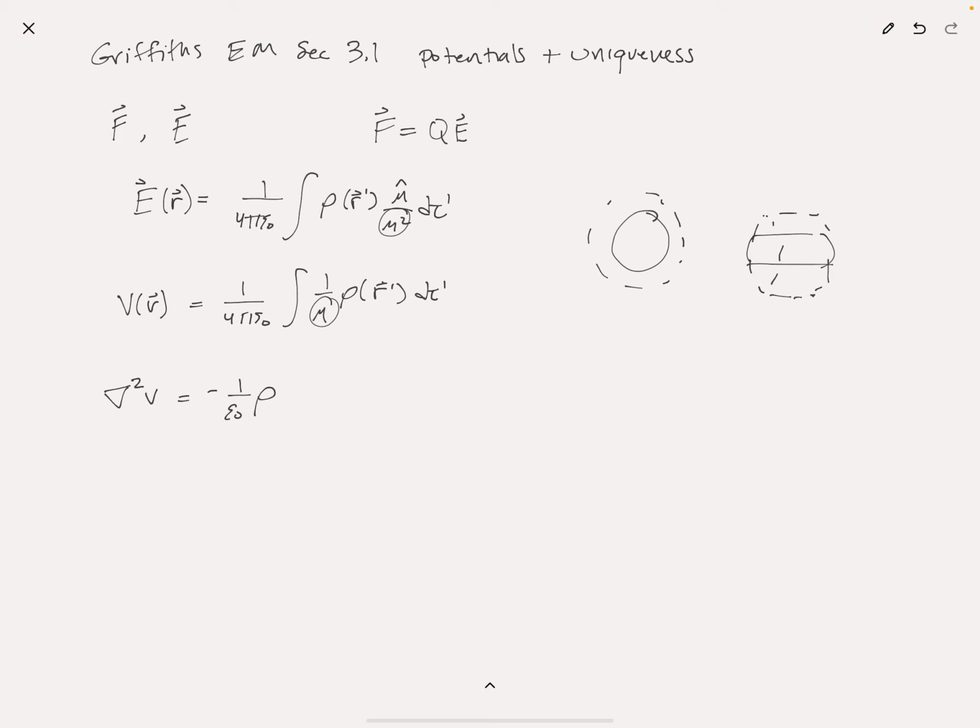Let's say we have some sort of charge distribution, I don't know, charges here. And we want to know what the potential is in some region of space. A common choice is to say, all right, there are charges here, but what if I care about the solution to the potential here, where that container, or that region of space that I care about, has nothing, it does not include any charges.